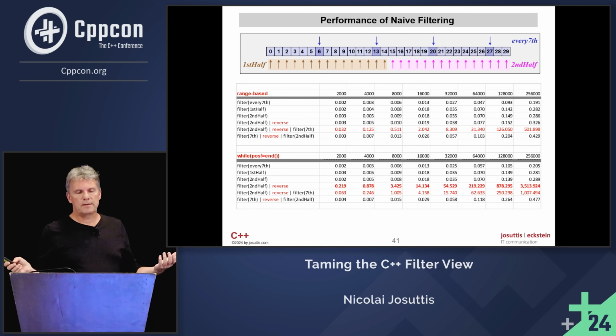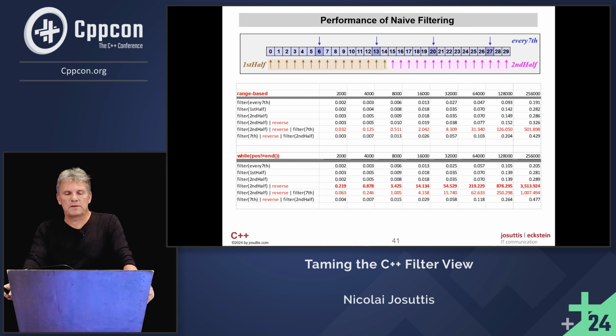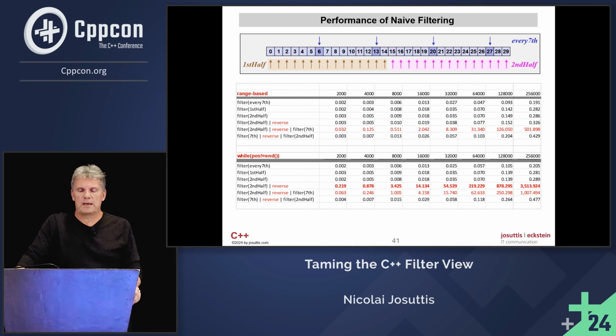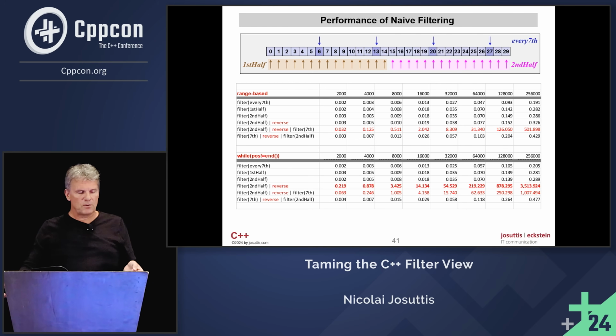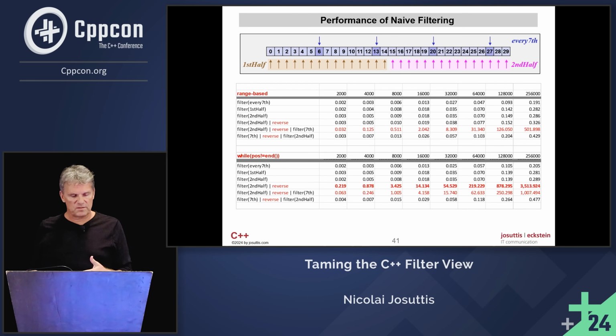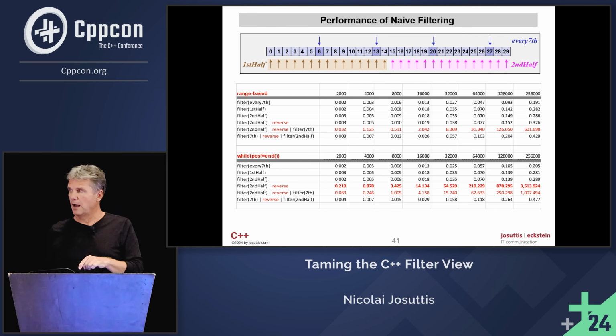You can see that I have code where I just implemented that. Well, I took the filter view and modified it a little bit so that we just have the behavior you just saw, the naive behavior of a filter. And you see that, well, if we use a range-based for loop, which caches end, filter pipe to reverse is okay, but filter pipe to reverse, pipe to a filter gets trouble.